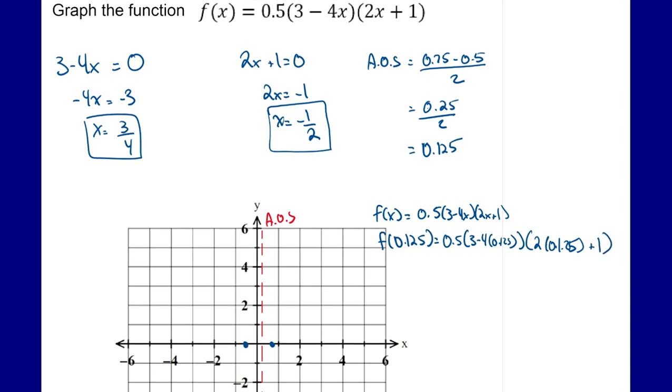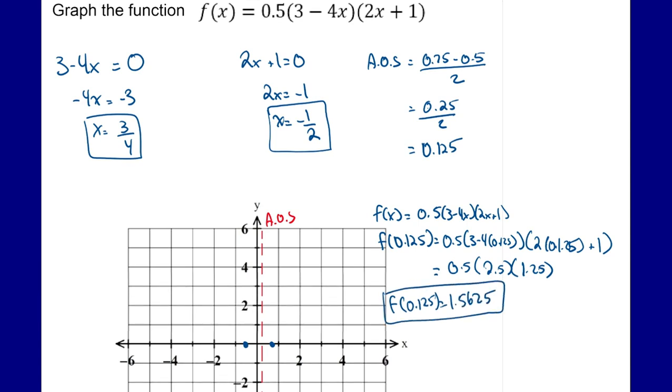All I did was substitute these values in. I get 0.5 times 2.5 times 1.25. And when we calculate all of this, the function at 0.125 is going to equal 1.5625. So that is the final answer.